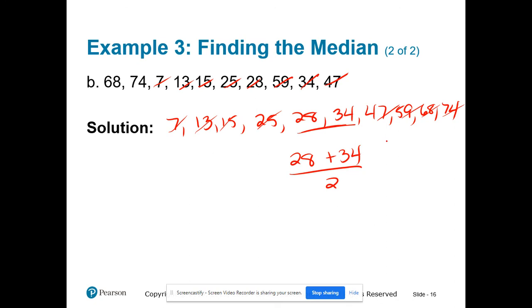I forgot my calculator. All right, so 28 plus 34, divided by 2, we get 31. 31 is the median.